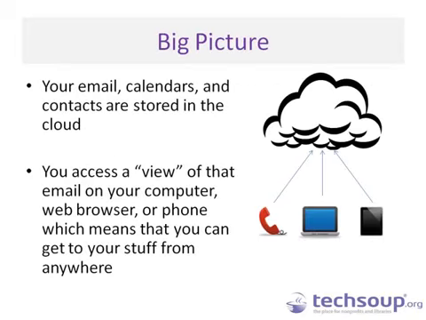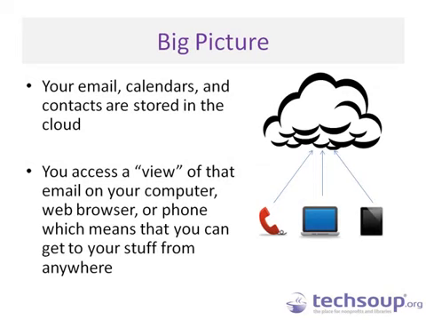So real quick, big picture. Office 365 is a Microsoft hosted solution, and it has your email, your calendar, your contacts, your files, your shared calendars, all of that in the cloud. And what you do is you access that cloud from a web-enabled device, and that could be your desktop computer in your office.